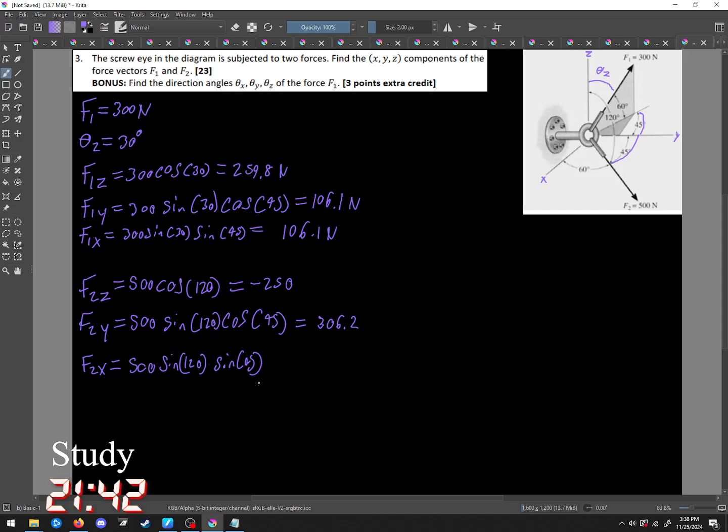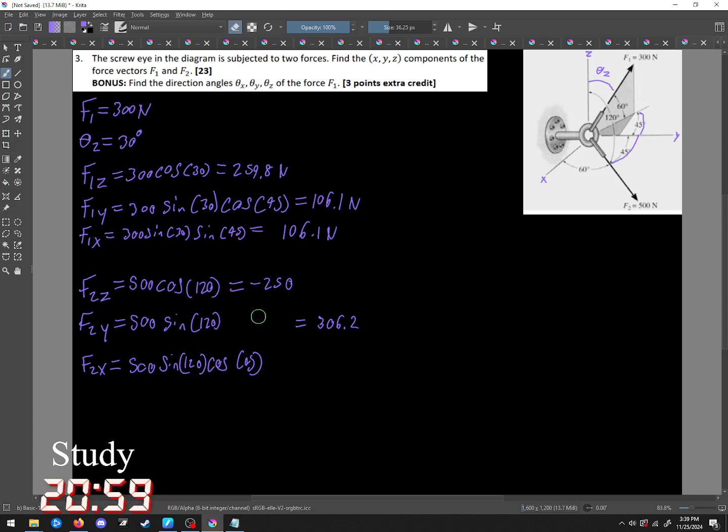My mistake. F2z is double sine, F2x is sine and cosine. Oh, my mistake. This should be cosine, this one should be double sine. F2y should be this. X, Y, and Z are all flipped. This is why they do it, and it's so stupid.